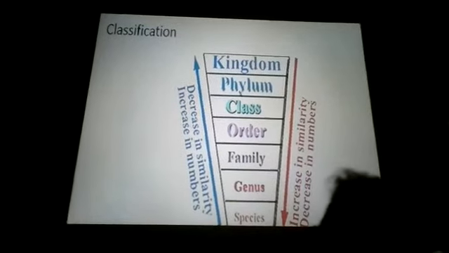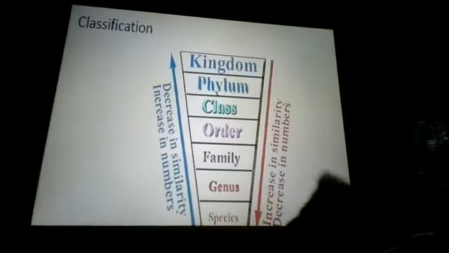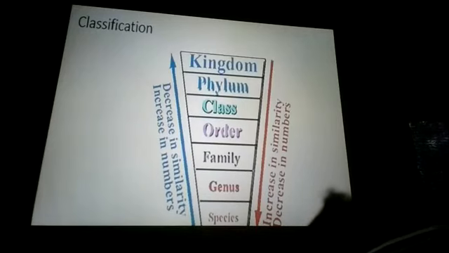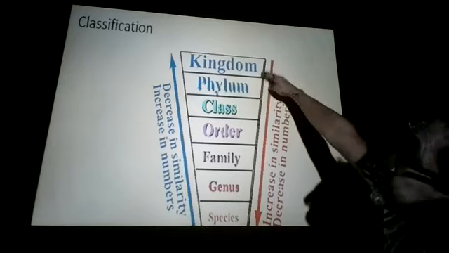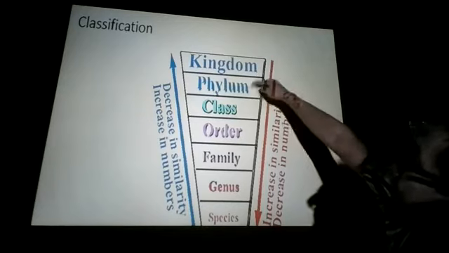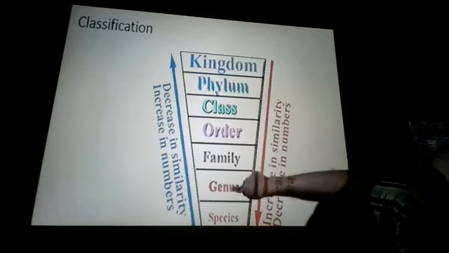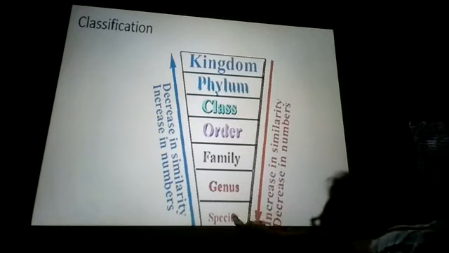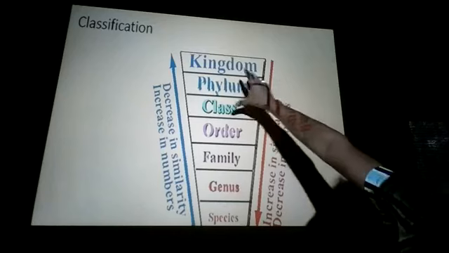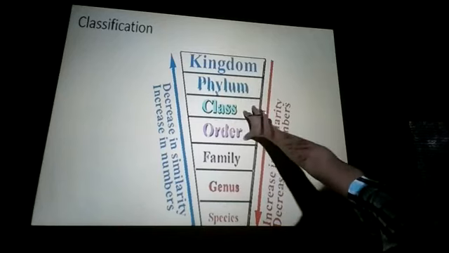Here is a diagram that shows the taxonomy classification, and it starts from the kingdom, then it goes to phylum, class, order, family, genus, and species. What this does is group organisms together.